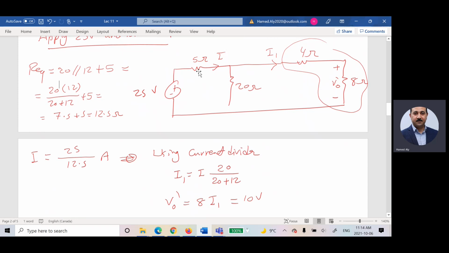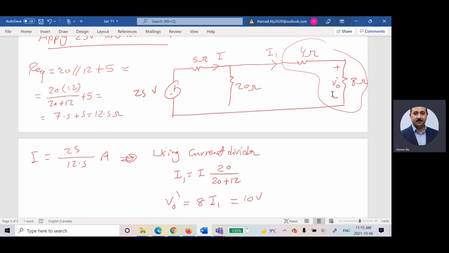So I have two series resistors, right? And I know the total voltage, which is 25. Can I find the voltage between these two points using the voltage divider? Yes. If you find the voltage between these two points, it is the voltage across this branch as well. You can use whichever method you like. Any method is okay once you reach the right answer.